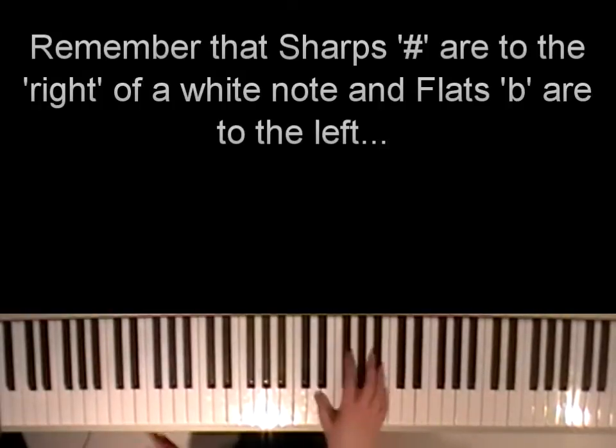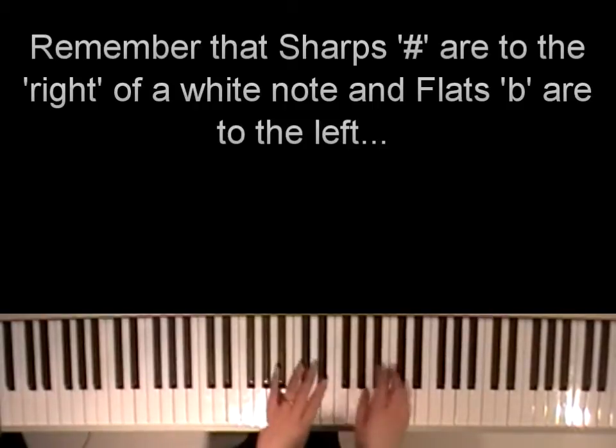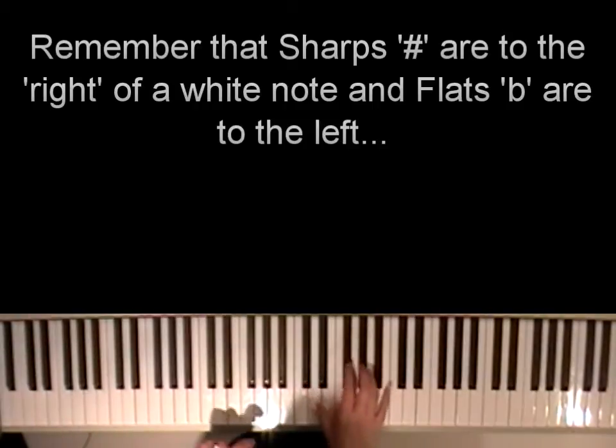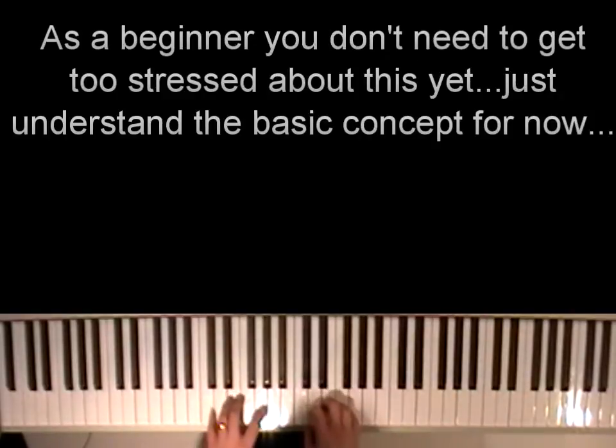If you're getting a little confused by what I just said, a sharp can be a flat as well. It depends which direction you're going up the piano, and which key signature it's in.